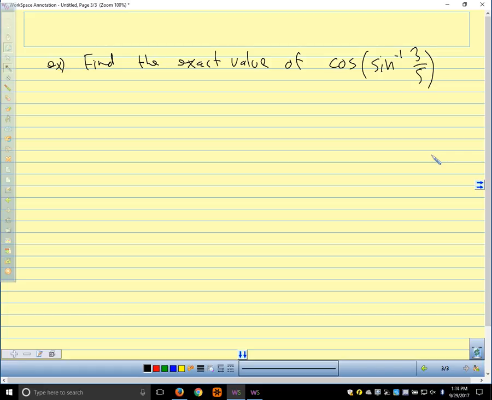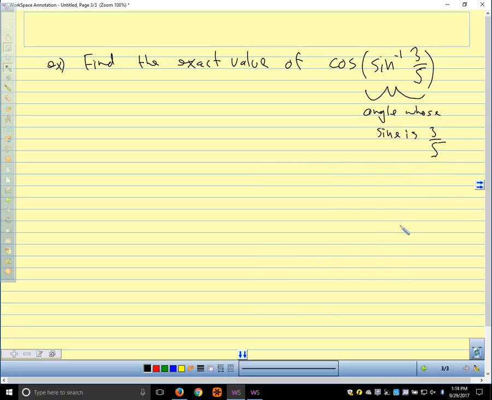Well, let's think about this for a second. How can we rephrase this? How have we been thinking about the inverse trig functions? The angle whose sine is 3/5.